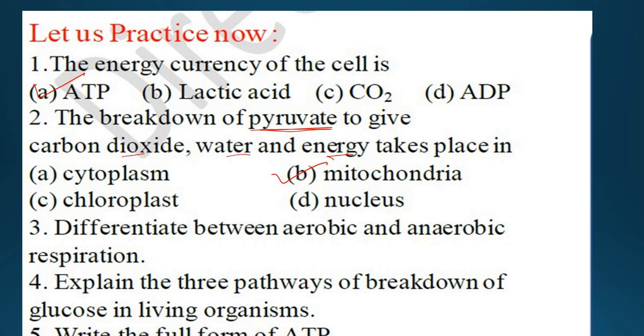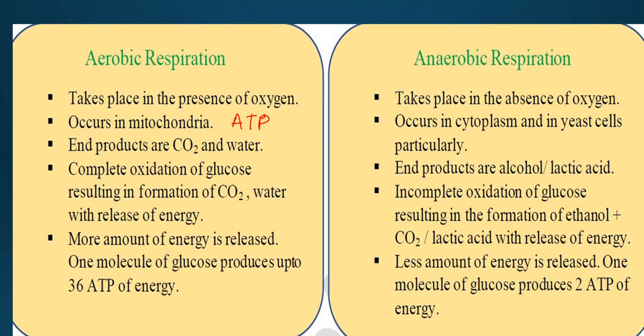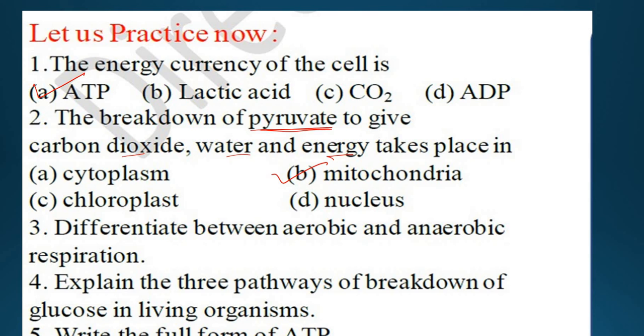Now differentiate between aerobic and anaerobic respiration. This is your answer number 3. You can write it from here. Now question number 4. Explain the 3 pathways of breakdown of glucose in the living organisms.